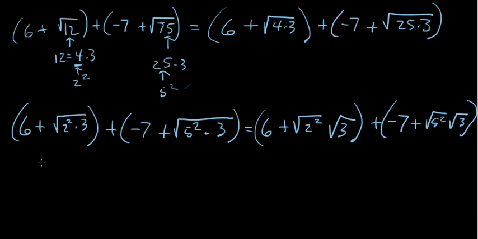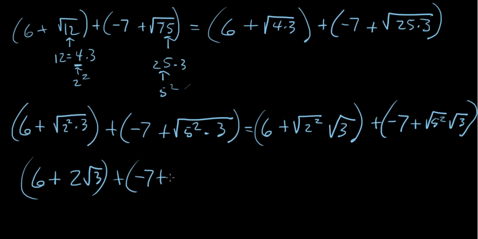And some of you are way ahead of me now, I'm sure, but 6 plus 2 square root of 3 plus negative 7 plus 5 square root of 3. Because the square root of 5 squared is 5. Square root of 2 squared is 2. And 6 minus 7 is negative 1. 2 times the square root of 3 plus 5 times the square root of 3 is plus 7 times the square root of 3.